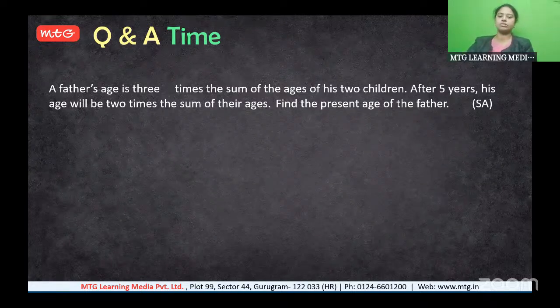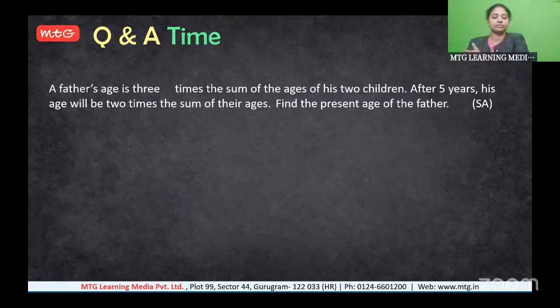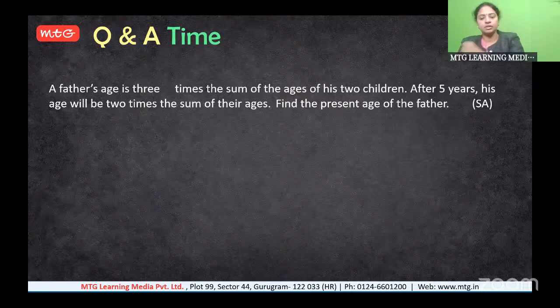I think the answer is not going realistic. Check it out. The question is about the age of the father. Tanishka is absolutely right.